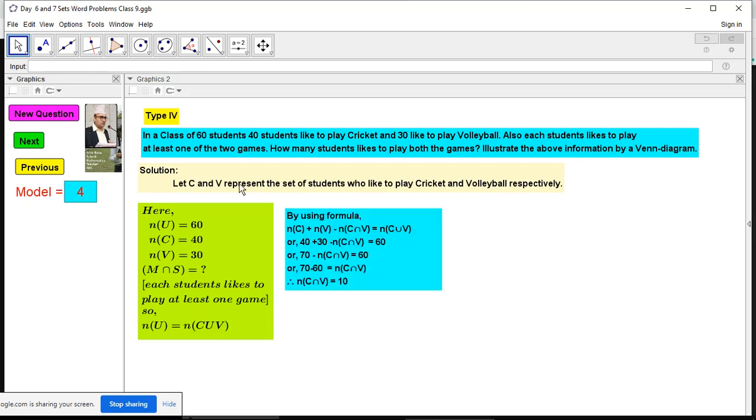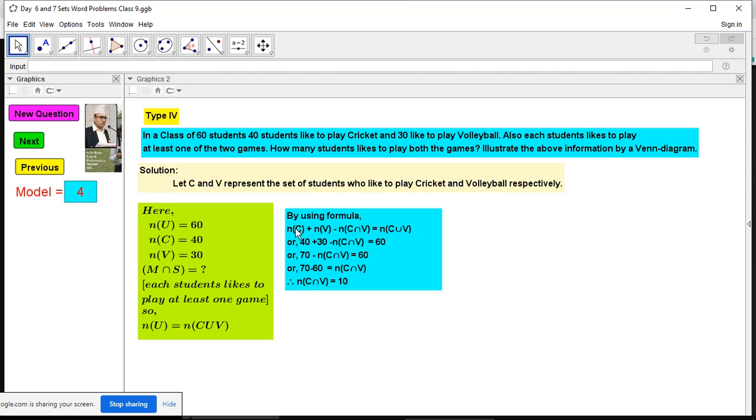So now moving to the next part, dear students. Here we have to illustrate the given information after the calculation, so first by using the formula, what is the formula of union of two sets? That is number of C plus number of B minus number of C intersection B equals number of C union B. It is known to my students.